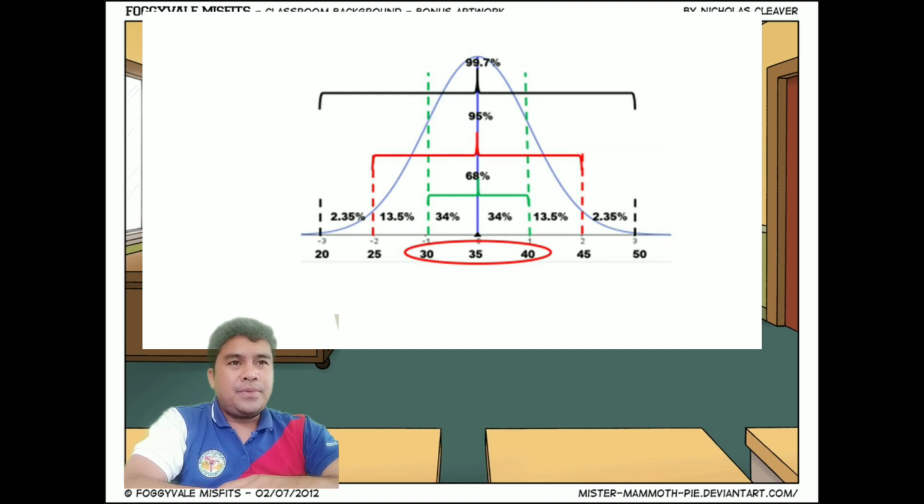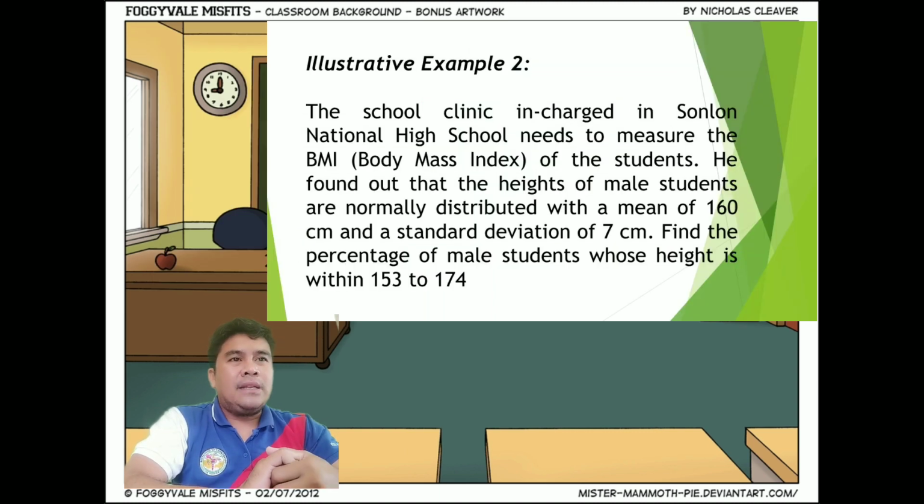So, example number 2. The school clinic in charge in Sunlon National High School needs to measure the BMI or the body mass index of the students. He found out that the heights of male students are normally distributed with a mean of 160 centimeters and a standard deviation of 7 centimeters.